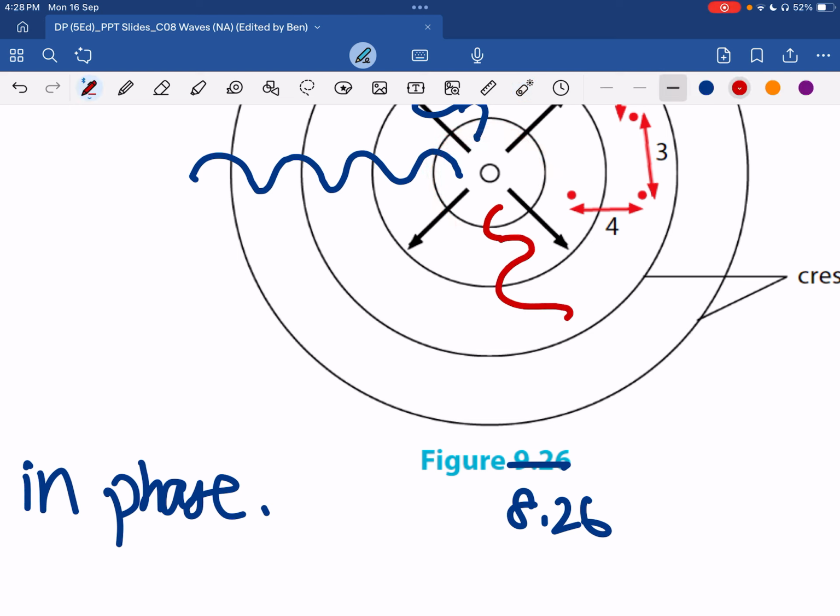So then it could look something like this. Draw it nicer. Right, whereby in between these are the crests, and when it reaches the circular wavefront, it becomes a trough again.